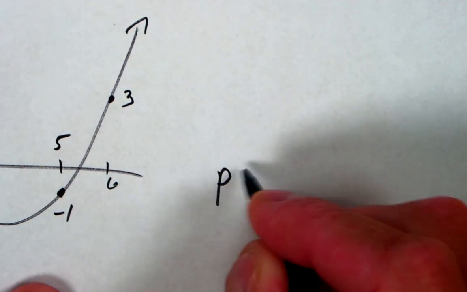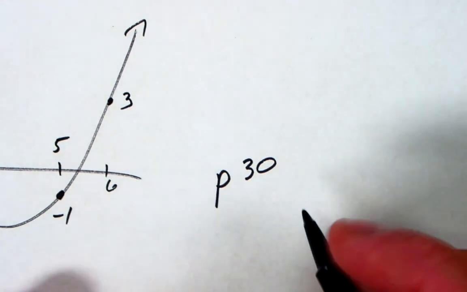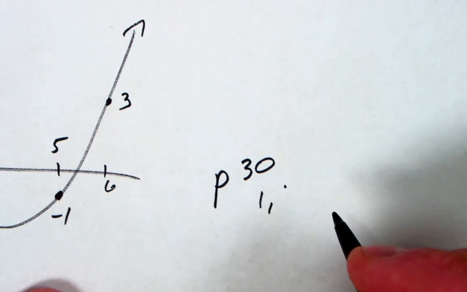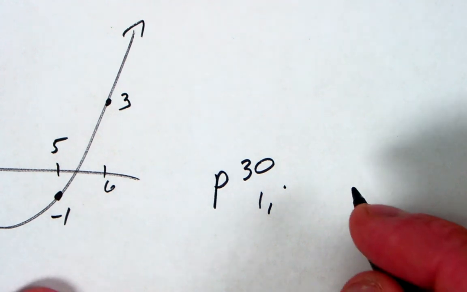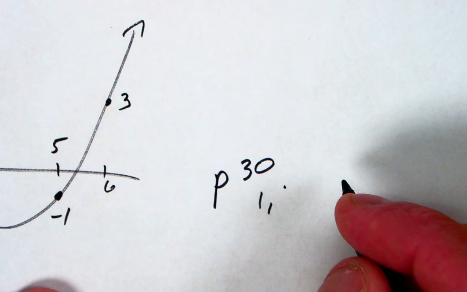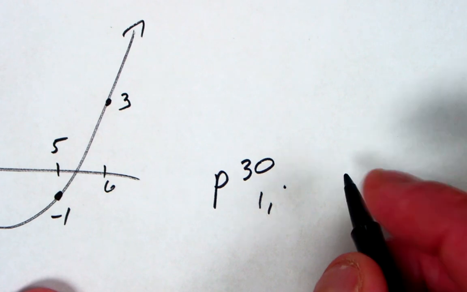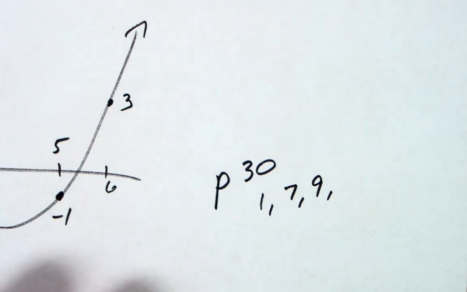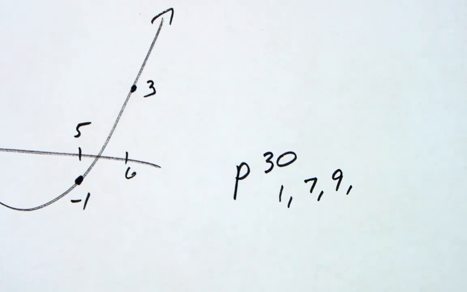Here's what we got. Page 30. I just did one of the problems I didn't want to do in class. Well, what am I thinking? That was silly. 1, 7, 9. So on those, you're going to have to go through and do the 3 tests of continuity and decide if it's continuous there.